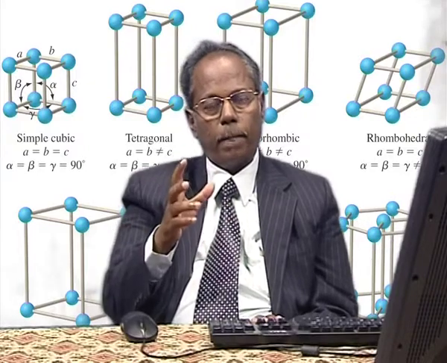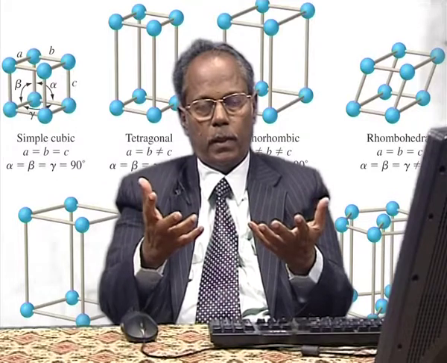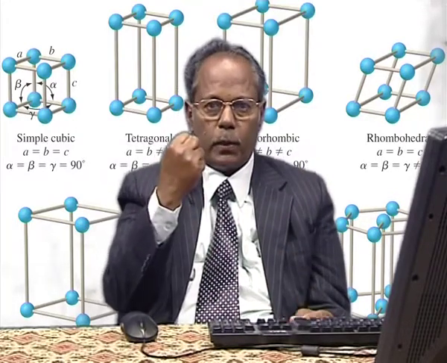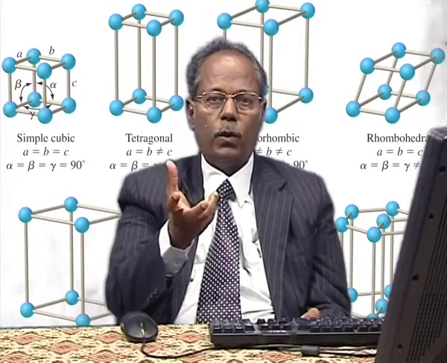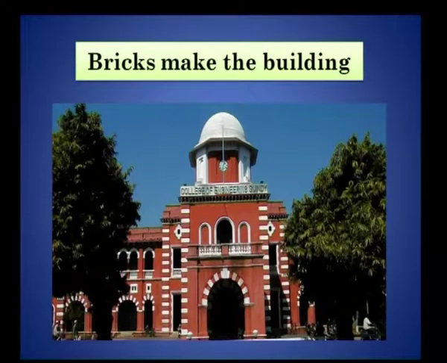Now, the question is, we have to think of solids or 3-dimensional objects. Our basic question is, what are the possible shapes of unit cells, or what are the shapes that you can think of to fill up 3-dimensional space. I showed you the building of the College of Engineering Guindy or any other building.